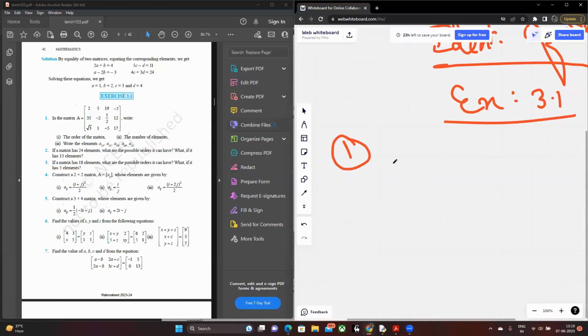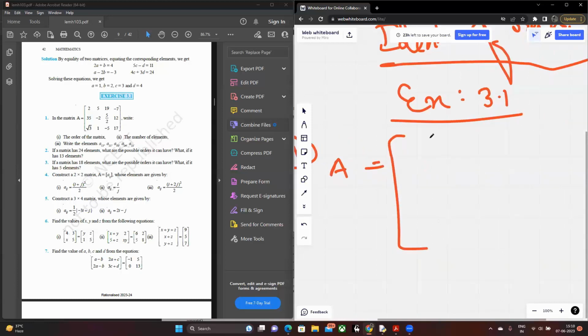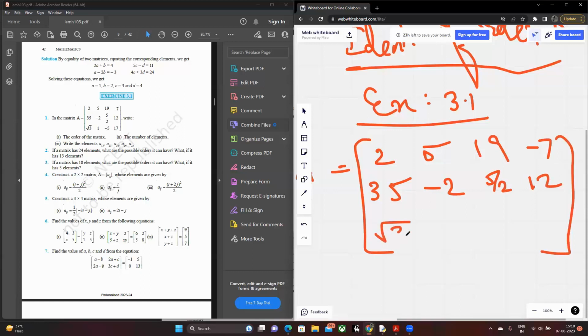In the matrix A equals 2, 5, 19, minus 7; 35, minus 2, 5 by 2, 12; root 3, 1, minus 5, and 17.